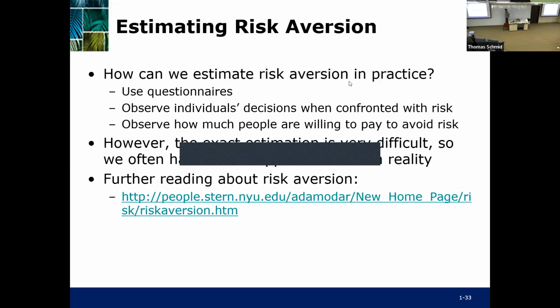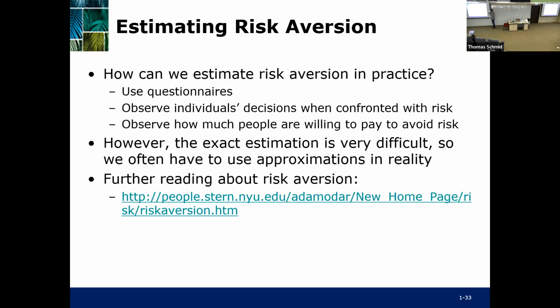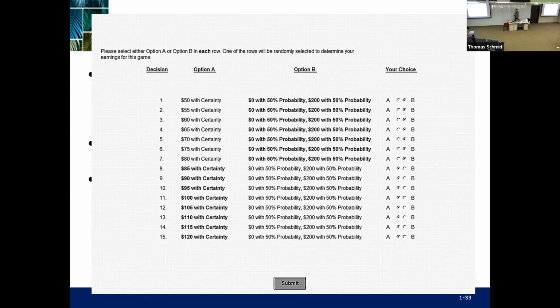So how can we estimate risk aversion in practice? Well, actually, people use something like questionnaires. People confront individuals, often students, with risk, and then they look at how they react. So you give students choices. You say, look, you get $50 with certainty, or you play a lottery with a 50% probability.